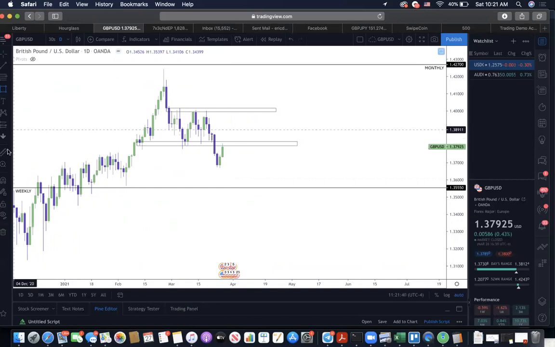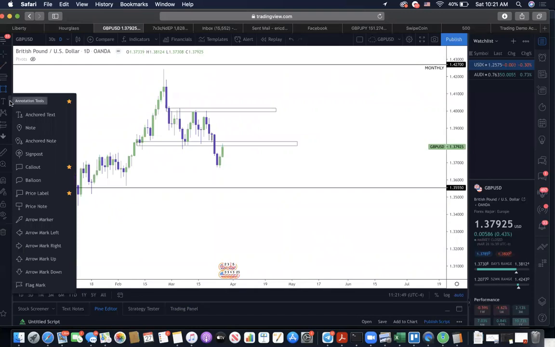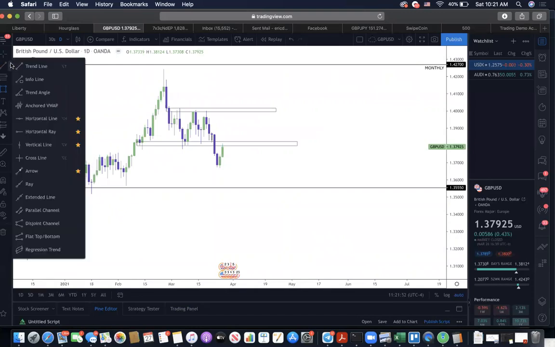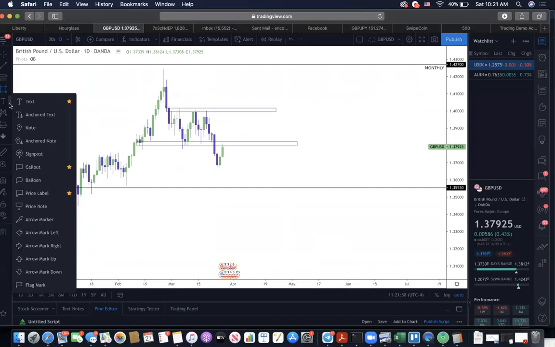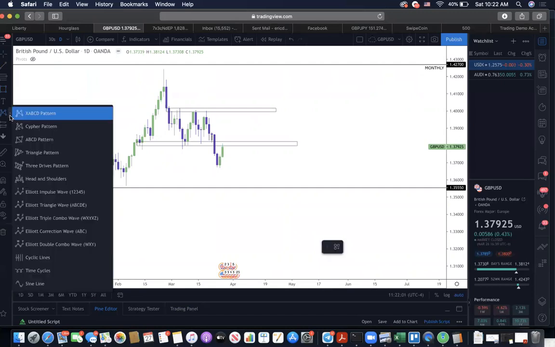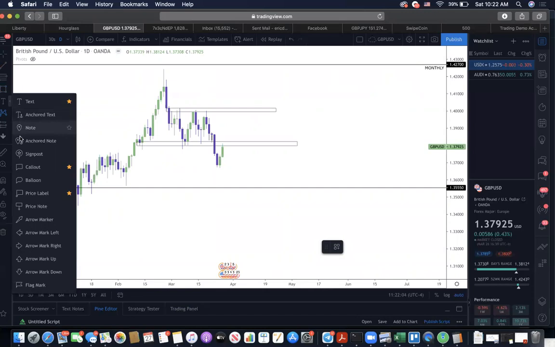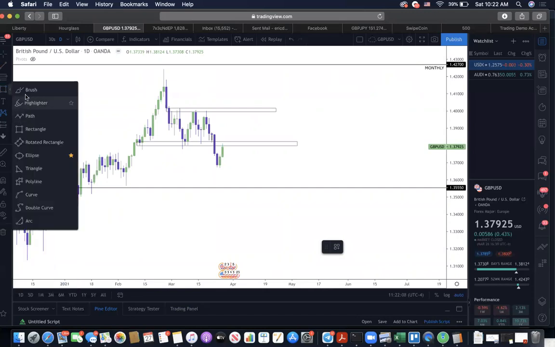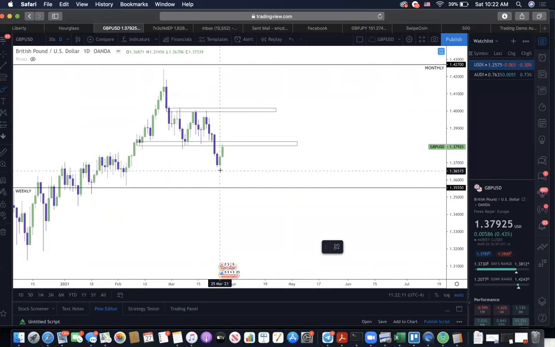The first thing that can happen: previous areas of resistance, previous areas of demand, are now turned supply.